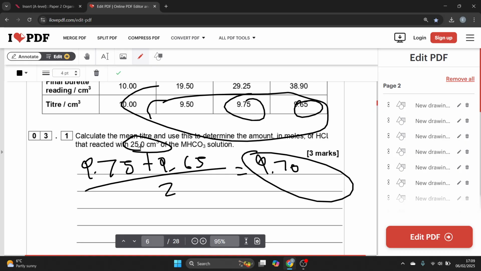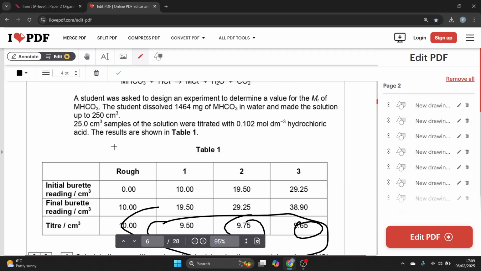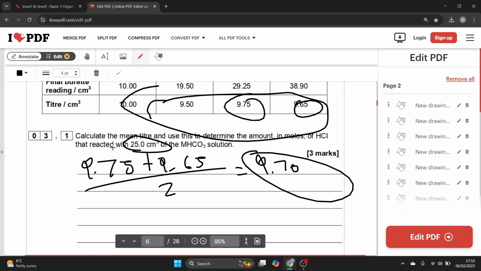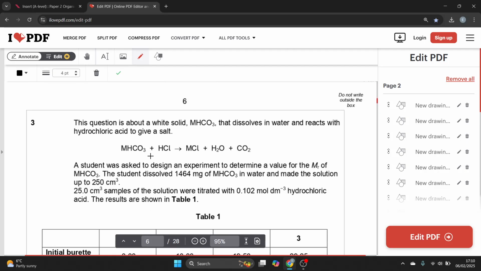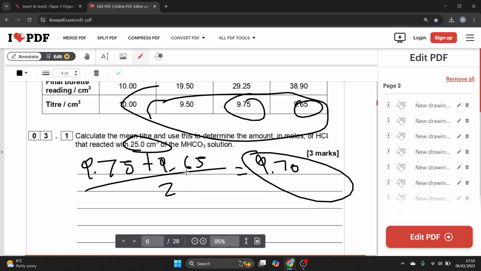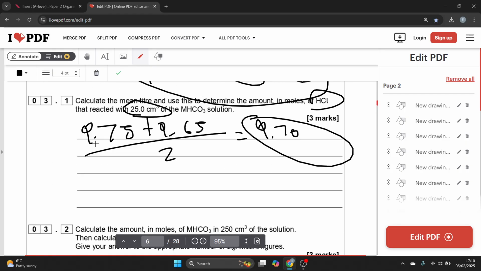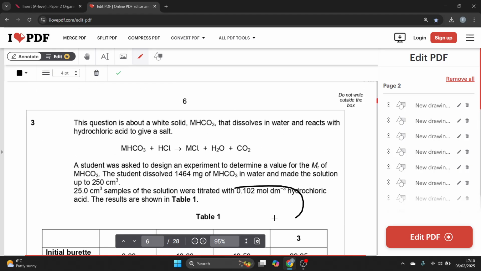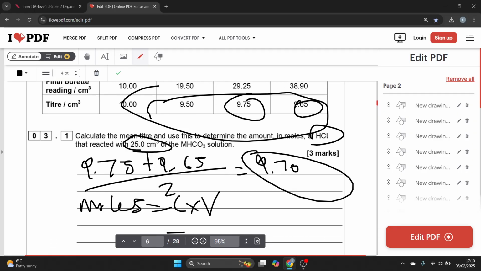So all I'm going to do really is, I know with 25 centimeters cubed of NaHCO3 solution, amount of moles of this. Well, moles is concentration times by volume, and I'm given the concentration here, 0.102.